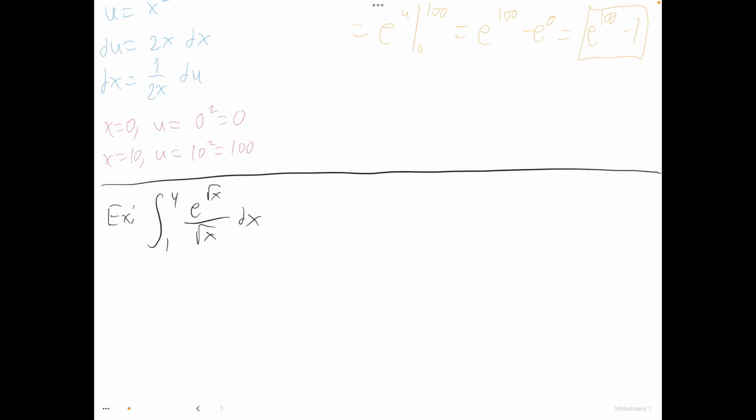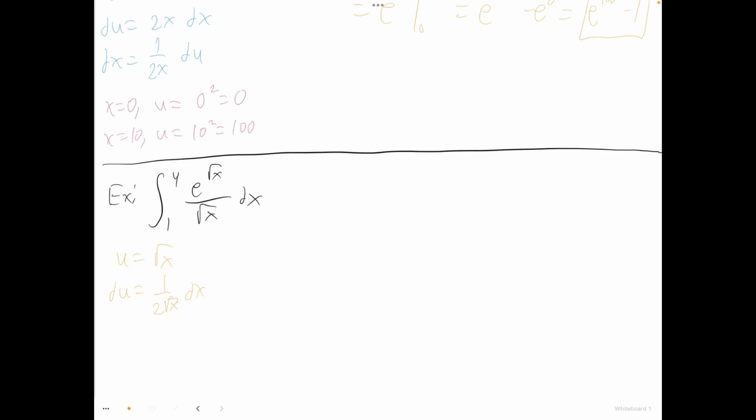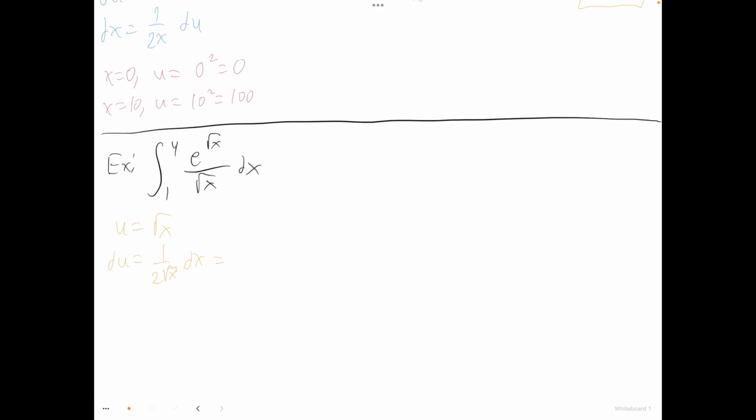So our u is going to be the square root of x. Du is then 1 over 2 square root of x dx, which I'm going to rewrite as 1 over 2u dx, just to be clear. So then dx is equal to 2u du. The reason I'm doing this is because we know the square root of x is just u, so I'm replacing it to begin with.